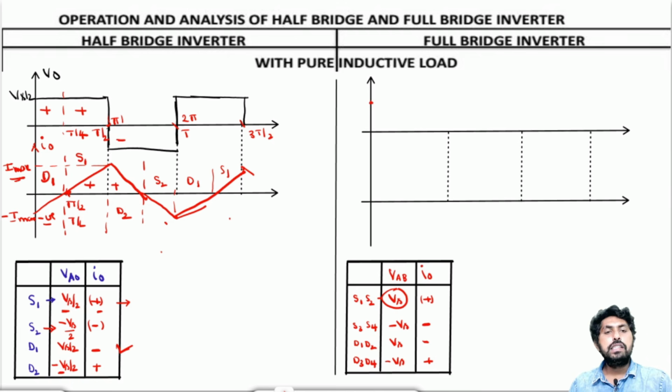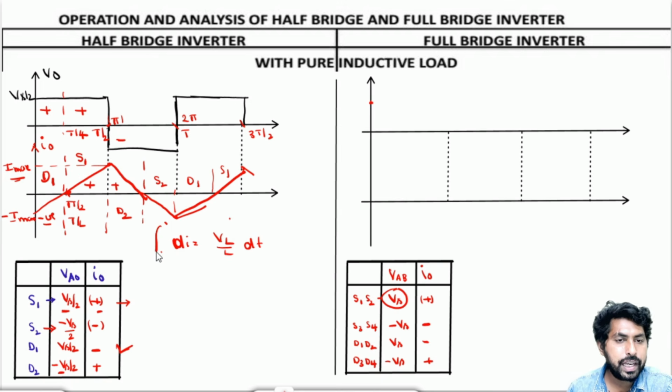As we know, VL equals L dI by dt, so dI equals VL by L into dt. If I take the period from 0 to T by 2, the current varies from minus Imax to Imax, and the time period is 0 to T by 2.